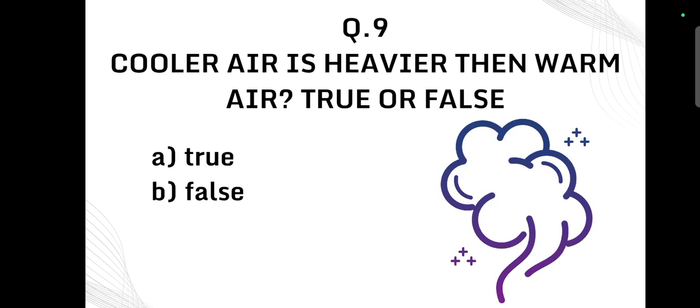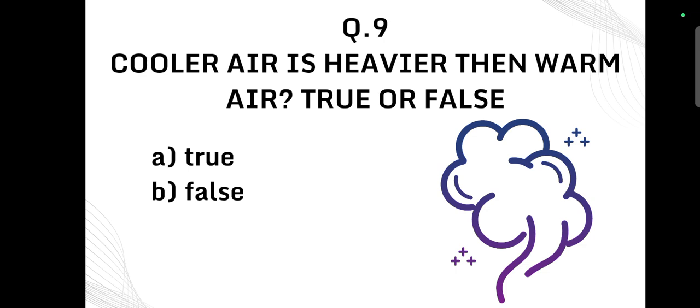Question number 9. Cooler air is heavier than warm air. True or false? We studied evaporation and condensation, and we learned that when the water vapor air is hot, it rises.